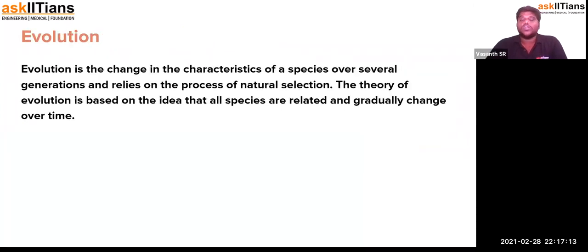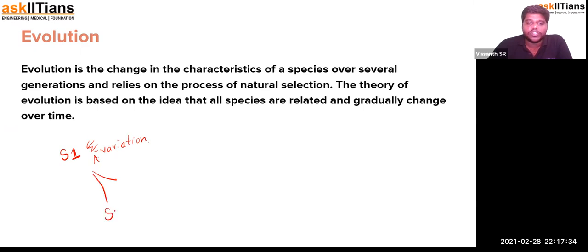So evolution. What is so fun about evolution? Evolution is where a species already exists. Let's say species 1 is existing. Due to constant accumulation of variations at different levels, species 1 will form two different species, S1A and S1 still existing.